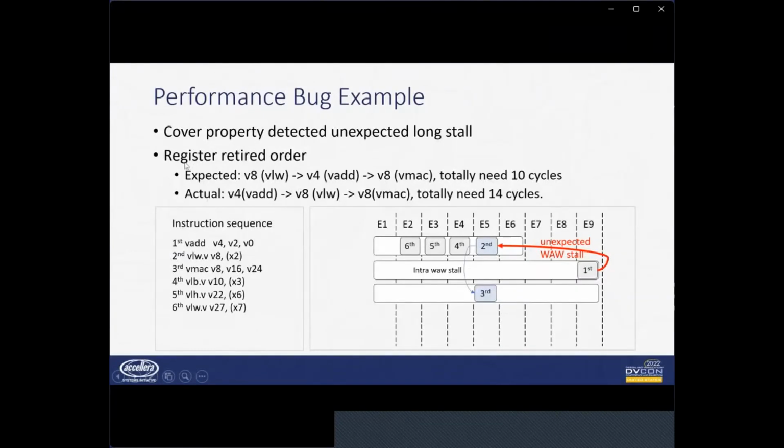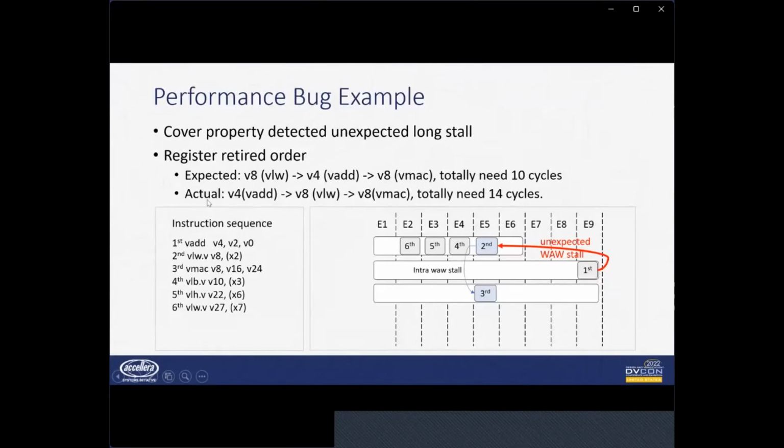Expected, in view of the register return order, the expected order is V8 from VLW, then V4 from VADD, then V8 from VMAC. Totally needing 10 cycles.